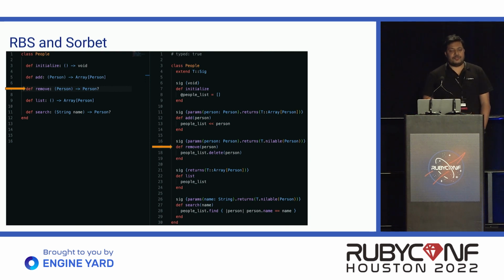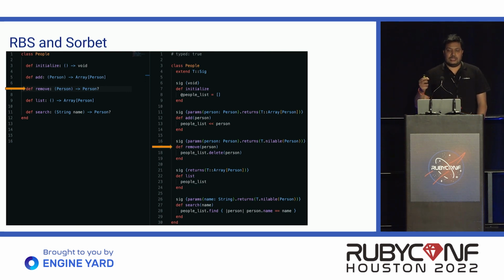Second is the remove function. The remove function will accept a person object and, depending on whether that person is in the list or not, it's going to return the person object which it has deleted from the list. You can see the question mark in the RBS code, which tells us we might return nil also. In the Sorbet code, there is the concept of a nilable class.